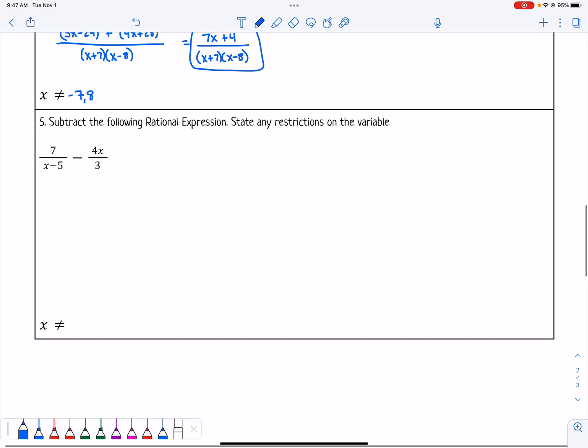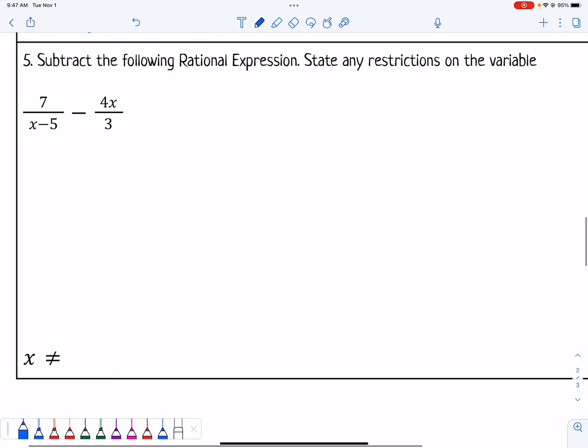For number 5, it says subtract the following rational expression and state any restrictions on the variable. So let's look at the restrictions first. So I see x minus 5 is in the denominator, so x can't equal positive 5, because that's what would make that denominator equal to 0.